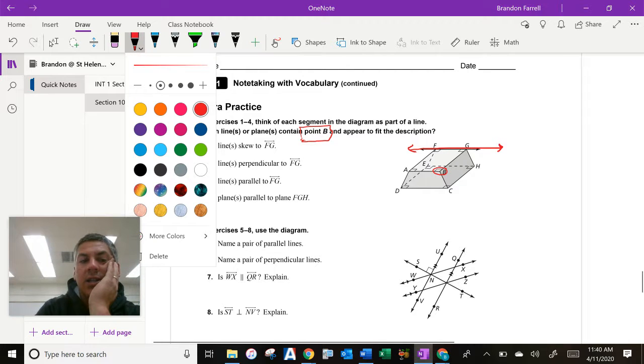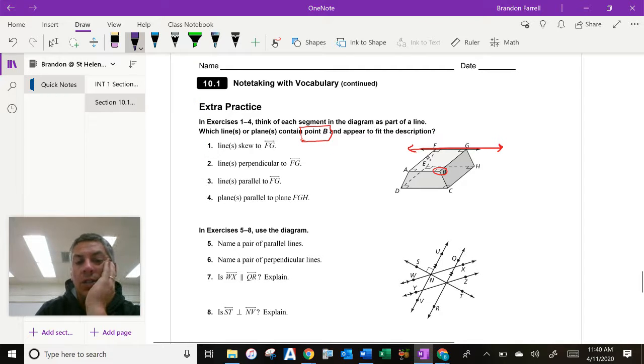So basically, if we want to be able to do anything to answer these questions, we want to line skew through B to this red line FG. So now, okay, so FG is right here. Skew means that we're going to be non-parallel and not in the same plane. So non-parallel and not in the same plane means that these lines right here will never touch.